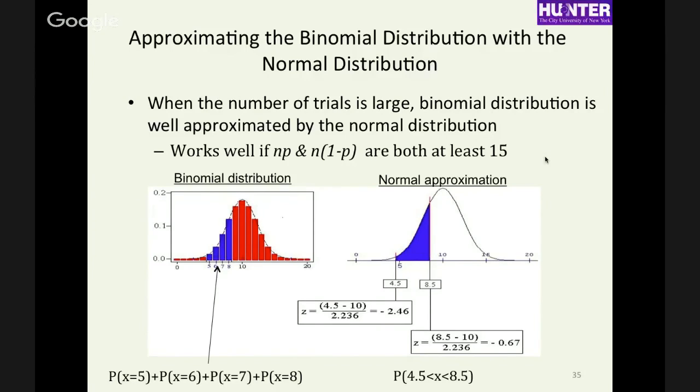And for large numbers, as long as both your expected number of successes and failures are at least 15, this normal approximation is very good. Even if they're less than 15, it's still not bad. But if it's above 15, it's a very accurate approximation.